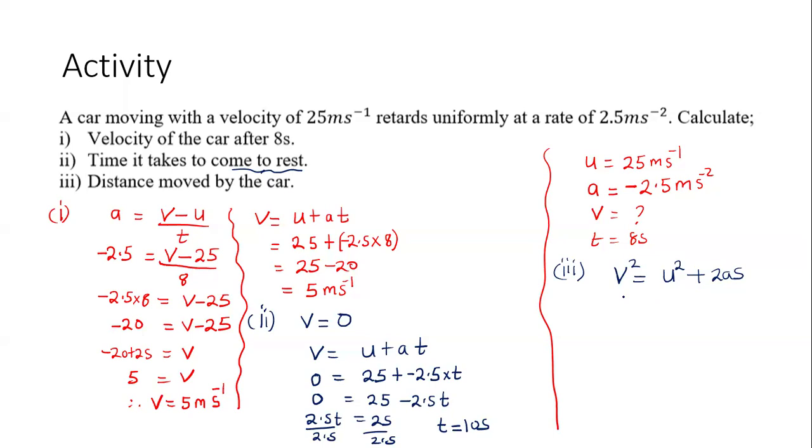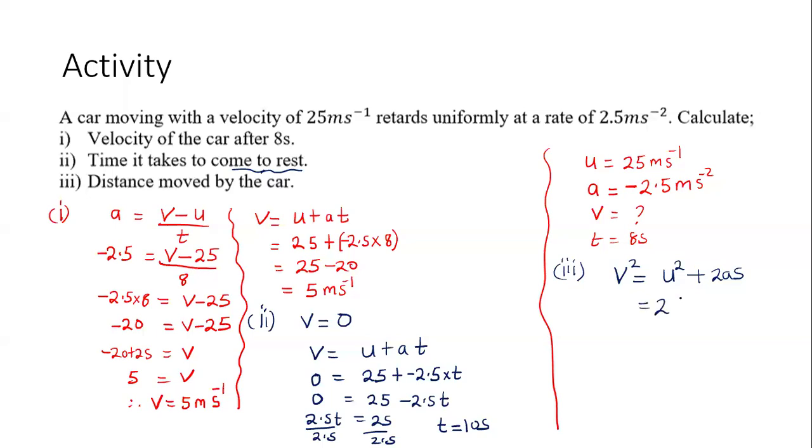Our final velocity. How did you get 20, Mark? Oh, sorry, it's 25. That 25 is the initial.